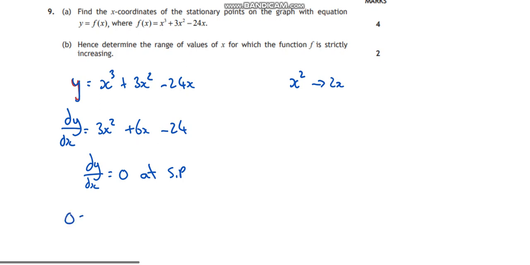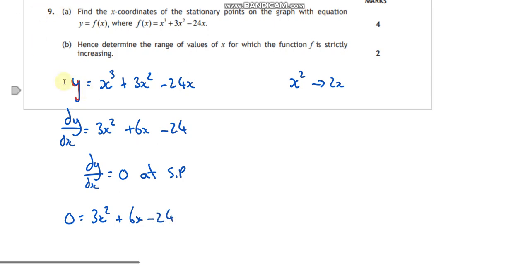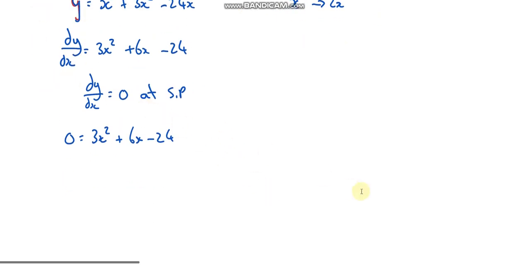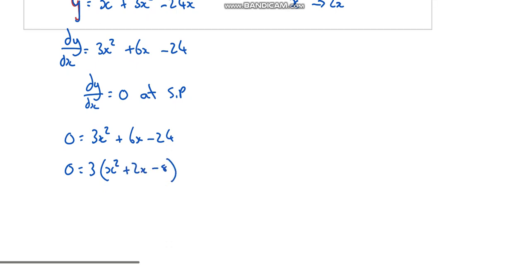So 0 is 3x squared plus 6x take away 24. And like many of the answers in Higher, the answer to this one is also factorise. This is quite a good one. I can take out 3. So then that's x squared plus 2x take away 8. And I'm looking for numbers that add to this and multiply to this.